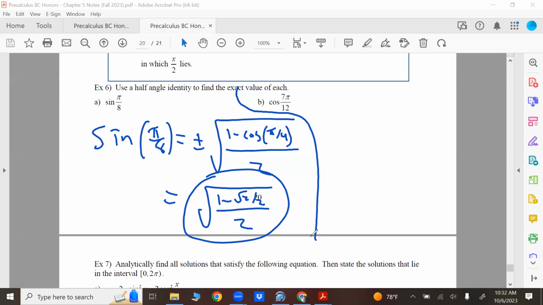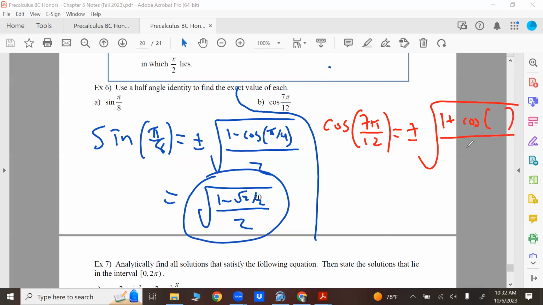So let's do the next one here. Cosine of 7 pi over 12 equals plus or minus root. Now, what am I going to do? This plus cosine, by the way. So what will be inside this cosine now on the other side? Yeah, because you double it up, 7 pi over 6. And 7 pi over 12 is more than half of pi.